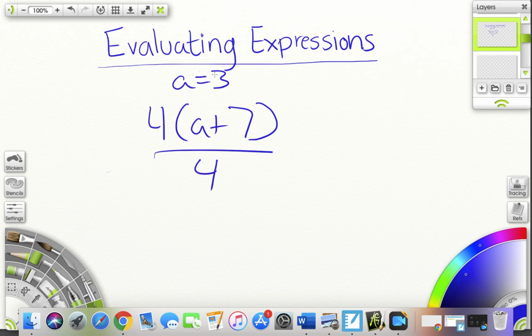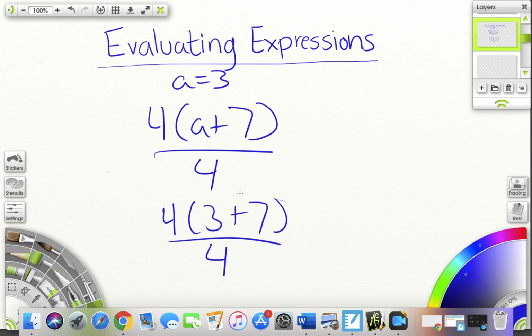The first step to solving this problem is to substitute your number into the problem. So I know a equals 3, so I'm substituting 3 in there, plus 7 over 4. So all I have to do is substitute my number. So now I just solve my problem step by step.